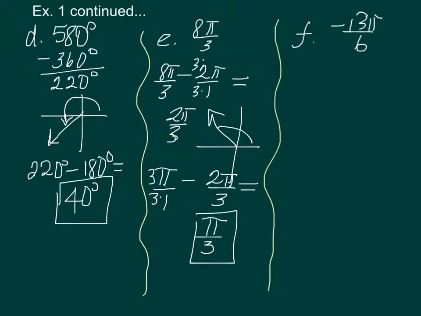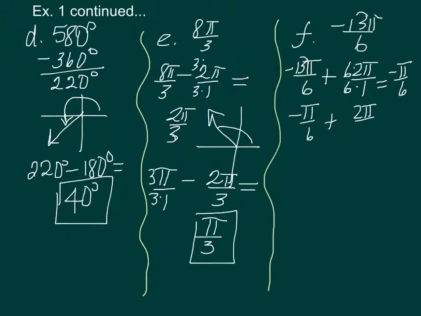And then F, this is negative, so first we have to make it positive. So we have to add 2 pi. So negative 13 pi over 6 plus 12 pi over 6 gives us negative pi over 6. Still negative, so we have to do it again.